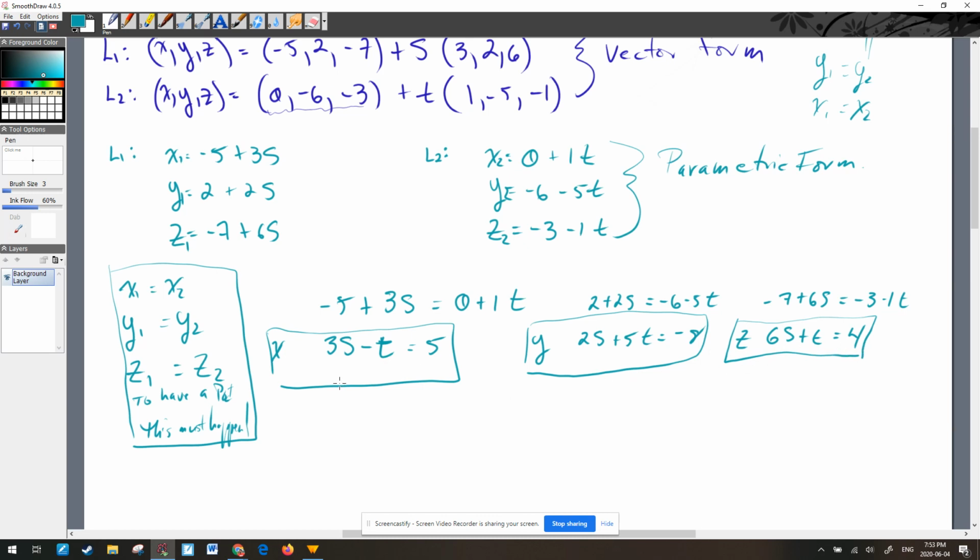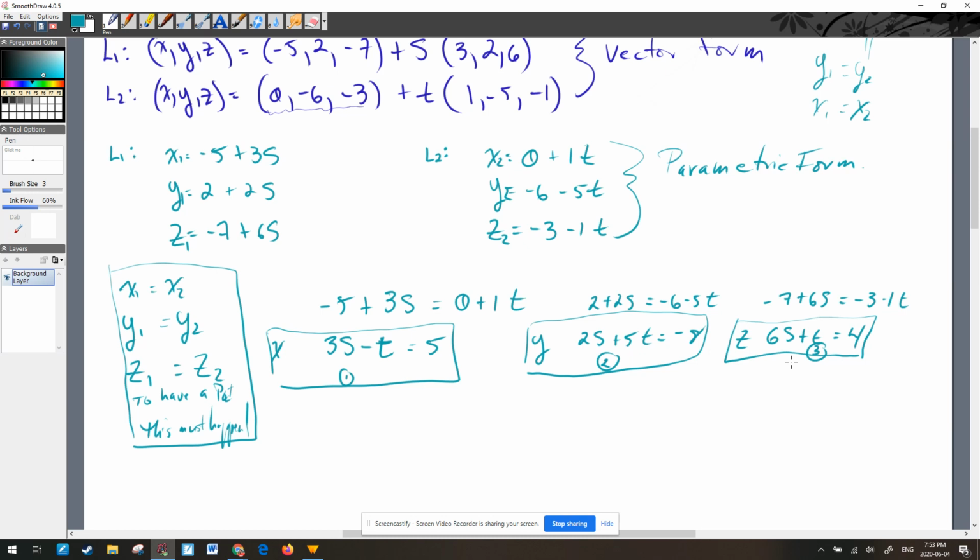So we've got 1 equation, 2 equations, 3 equations, but only 2 unknowns. Hopefully from grade 10 we know that if we have 2 unknowns, we only need 2 equations to solve.